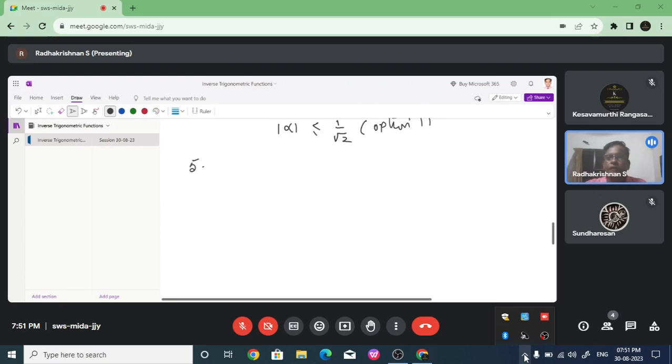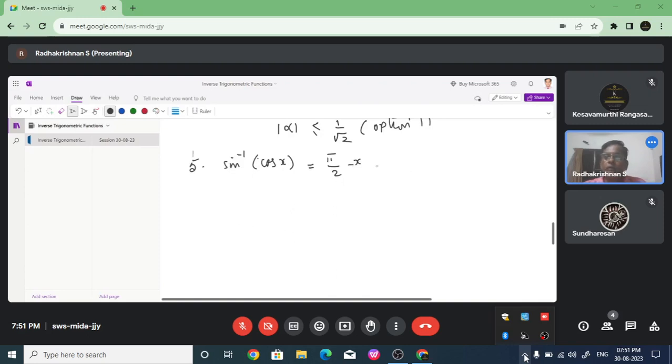Okay, that we saw in the first problem itself. It came: sine inverse of cos x equal to pi by 2 minus x.